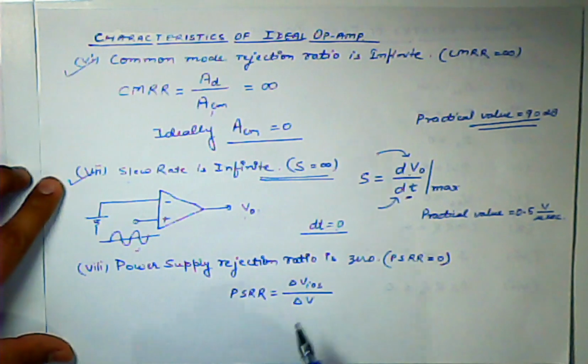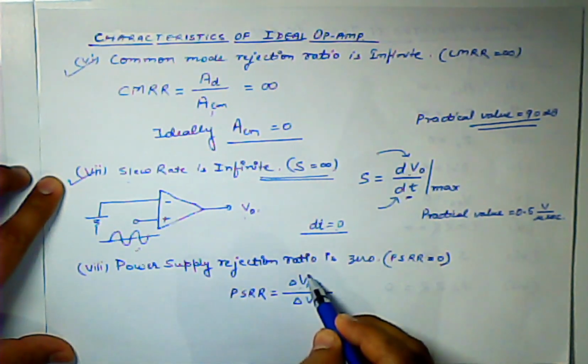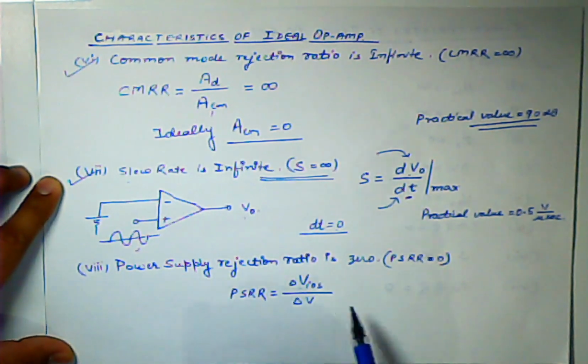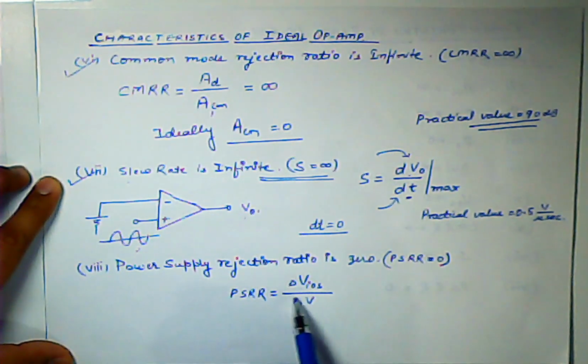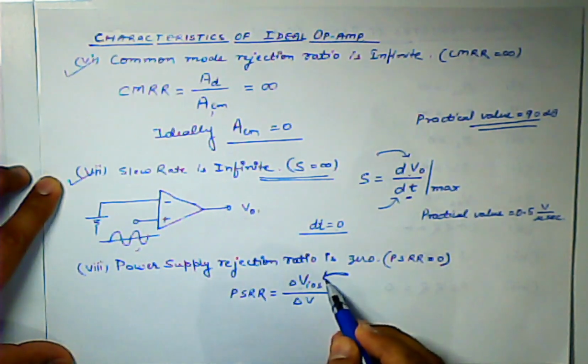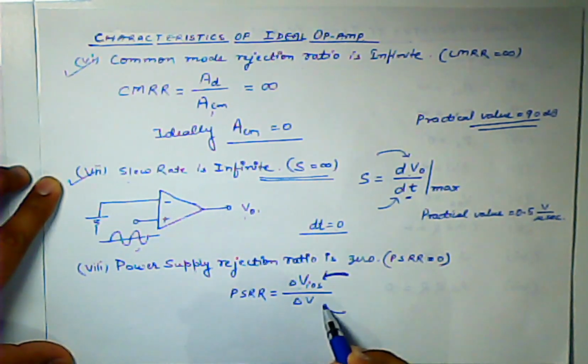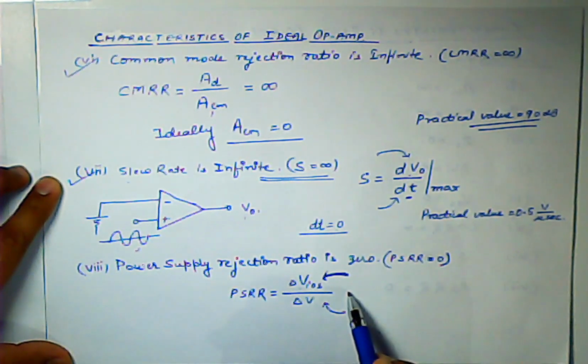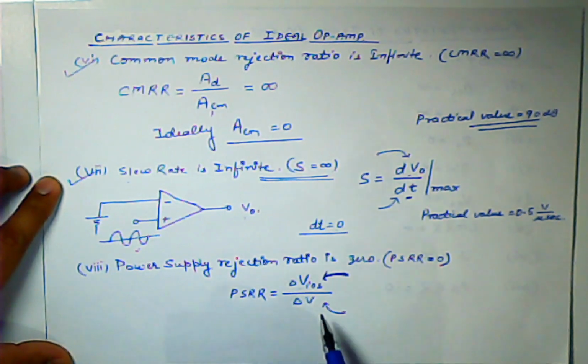It is defined as the change in input offset voltage, that is delta VIOS upon delta V, the ratio of change in input offset voltage when we change the supply that is being given to the IC.